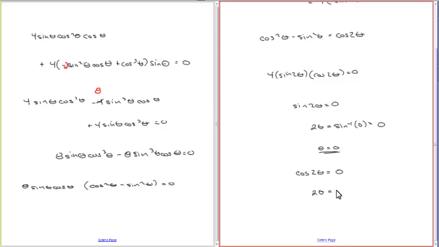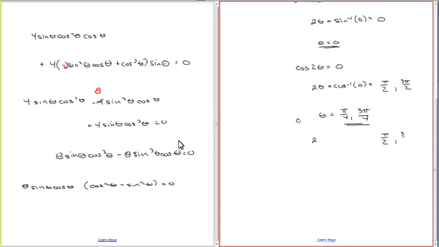So you take the inverse cosine of 0, the angle whose cosine is 0, which is pi over 2 or 3 pi over 2 for 2 theta. So theta is equal to pi over 4 or 3 pi over 4. So those are the angles where we have a horizontal tangent line.